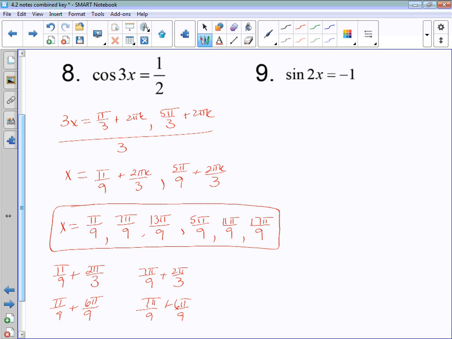Then we cover 3 or 4 extra things, the interpolars, the vectors.